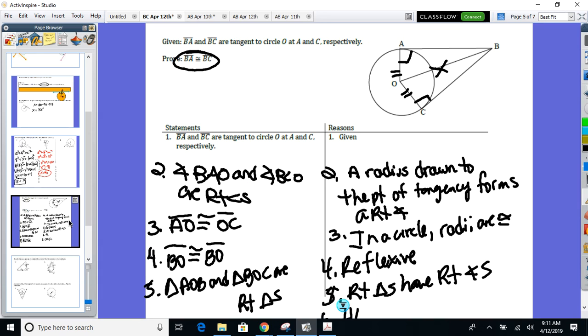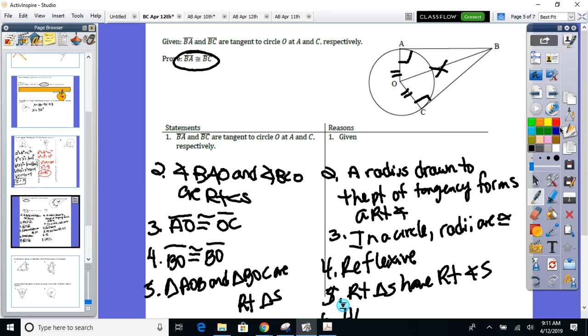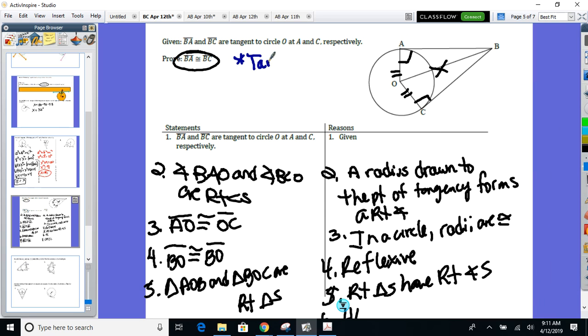Okay, I didn't do that proof just because I wanted to do a proof with you, or because it was HL. You guys just proved your second circle theorem for today, which is the following. What are AB and CB? Here's how this new theorem starts, if you want to write it up here. Tangents.